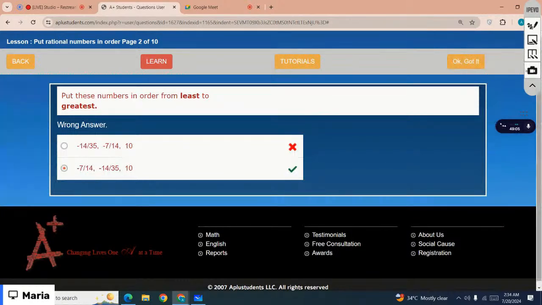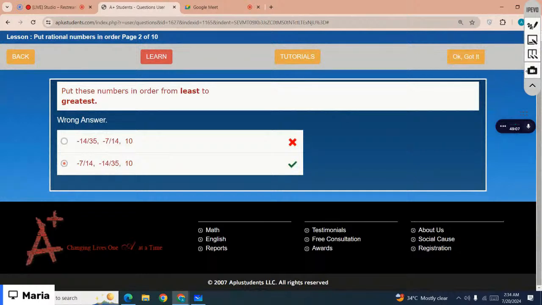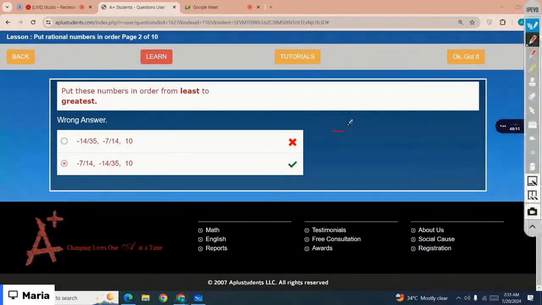Hold on, let me just check. You have negative 7 over 14 and negative 14 over 35, right? And that is, yes, option number 2 is the correct option, sorry.